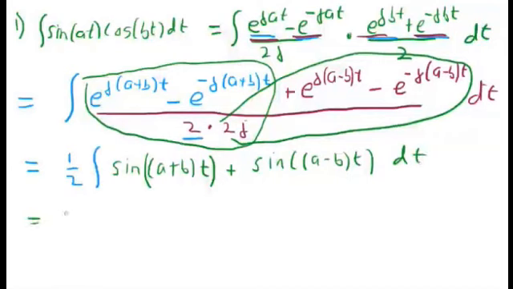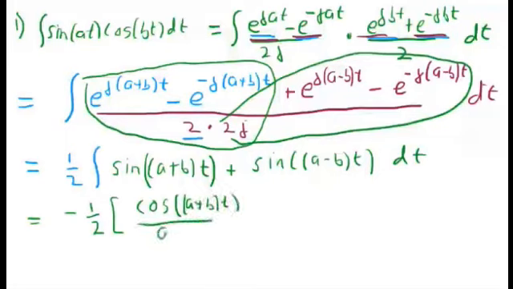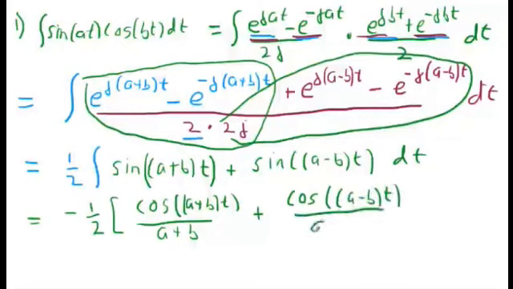These are easy integrals. I end up with minus 1/2 cosine of a plus b t over a plus b, plus the cosine of a minus b t all divided by a minus b.